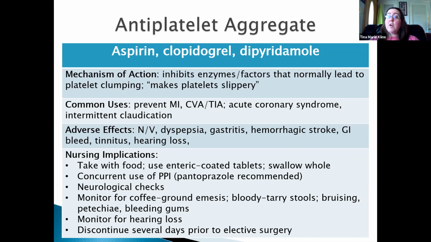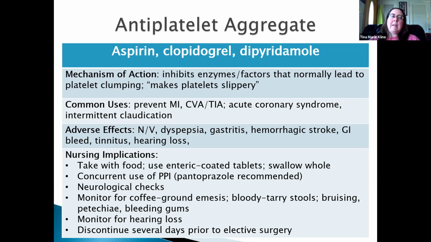You also want to watch for coffee ground emesis. That indicates that there's bleeding in the stomach because that blood has come into contact with that hydrochloric acid. There might be bloody stools, and that could be anything from bright red blood to a maroon color to the black tarry stools. You're looking for bruising, ecchymosis, petechiae, bleeding gums.